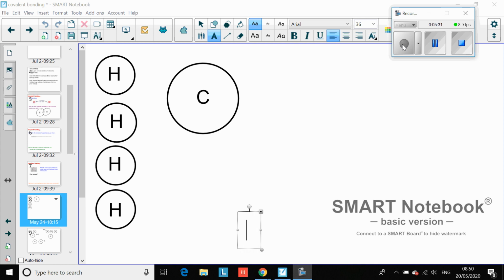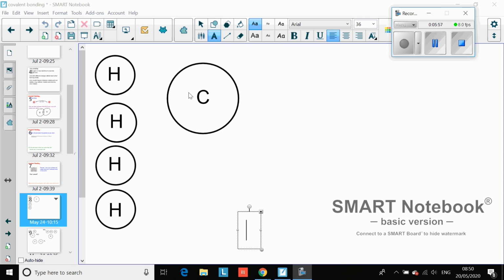Right, welcome back everyone. So I'm going to show you an example of how covalent bonding actually works. I'm going to start with a simple-ish compound. Now, we've got the element carbon and we've got 4 atoms of hydrogen. You'll notice I haven't drawn the electrons in. I'll explain why in just a moment.